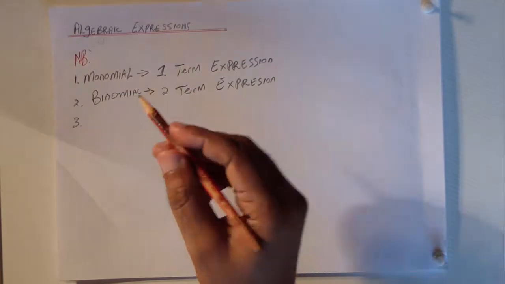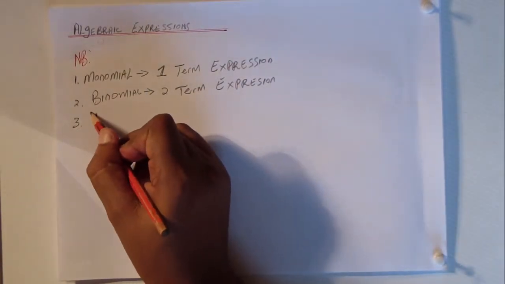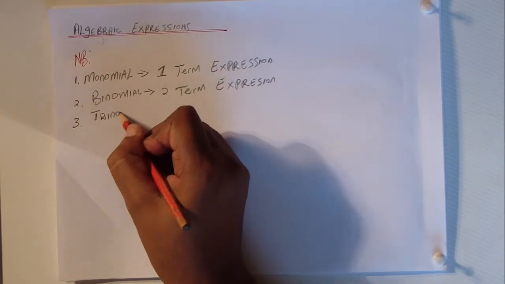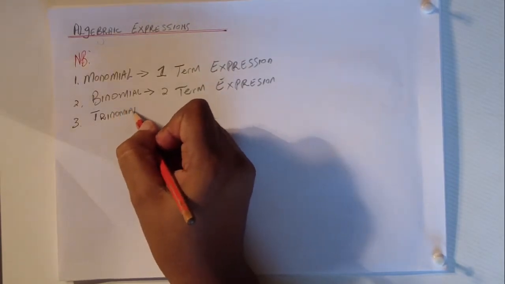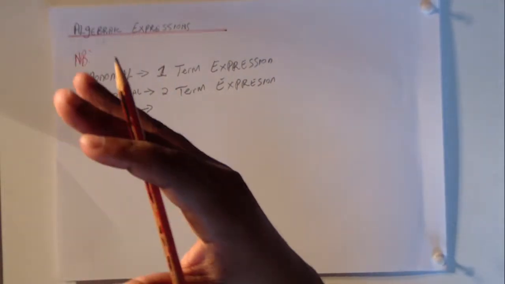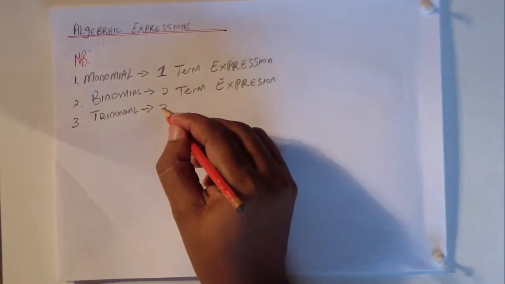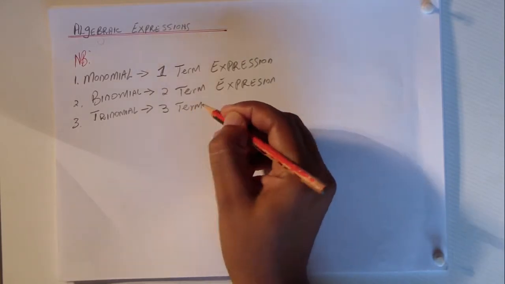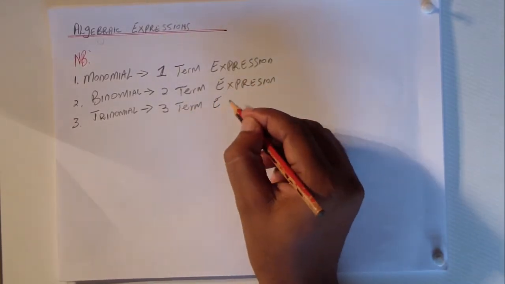Number three, we have what is called a trinomial. What is a trinomial? Take it from the word tri. Mathematically, the word tri means three. In this case, we are dealing with a three-term expression, an expression of three terms. It is a trinomial.